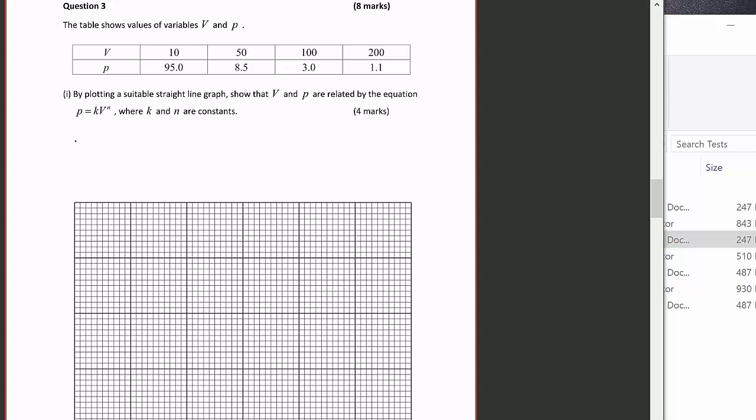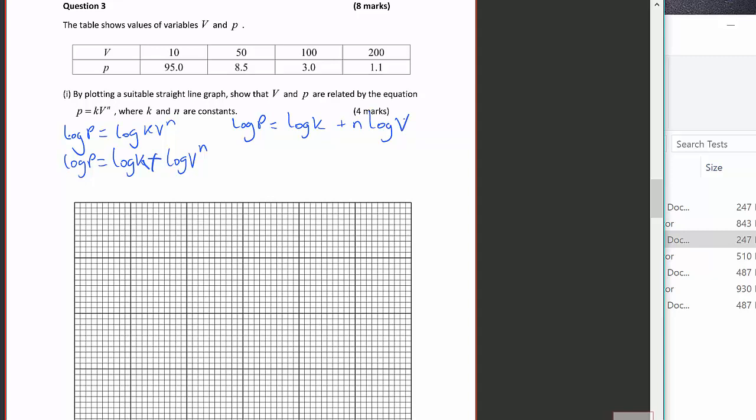Okay, so if we have p equals kv to the n, taking logs of both sides, log p is going to be log kv to the n. So that would give us log p is equal to log k plus log v to the n, and therefore log p is log k plus n log v.